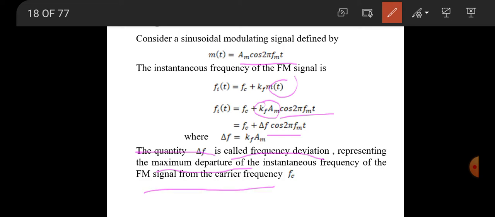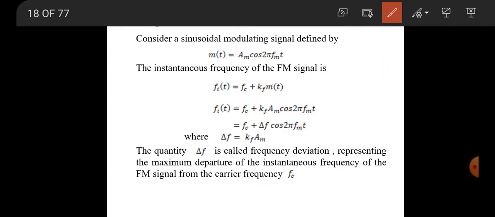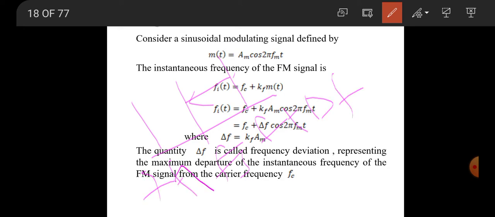Here you consider this is the carrier, and this is a del f difference, and this is another del f deviation. This is the departure from fc to fc plus del f. This is fc, this is one deviation, and this is another deviation. The difference from fc to fc plus del f is one deviation, and fc minus del f is another deviation.